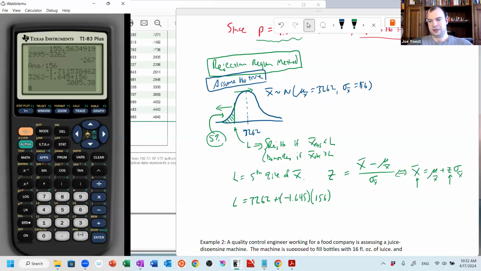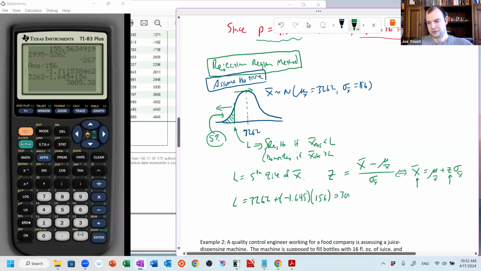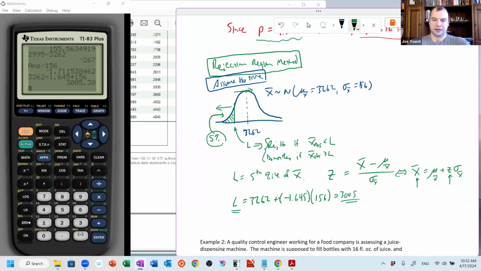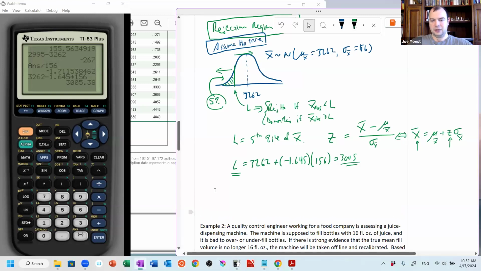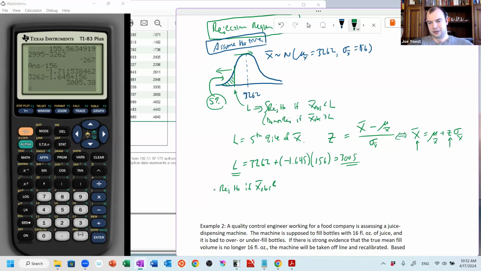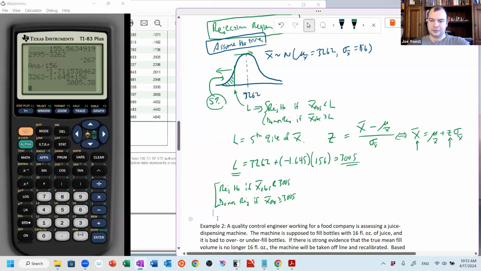And that gives me about 3005. That's my cutoff X bar observed. So I can say I reject H naught if X bar observed is less than 3005. Do not reject if X bar observed is bigger than or equal to 3005. That's my decision criterion now.